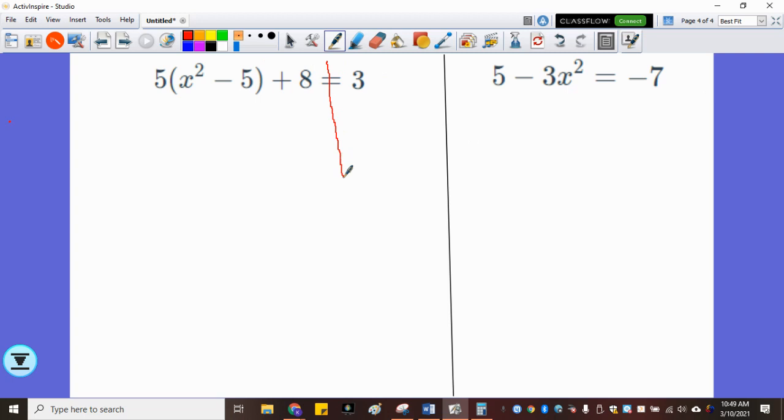So parentheses first. So remember solving equations. Let me write your steps.